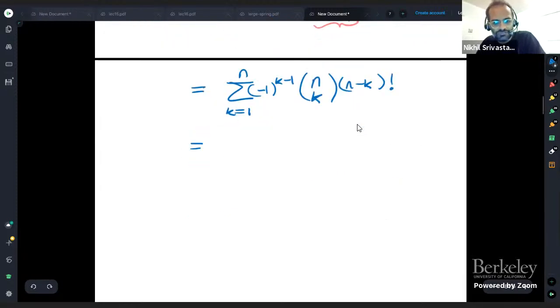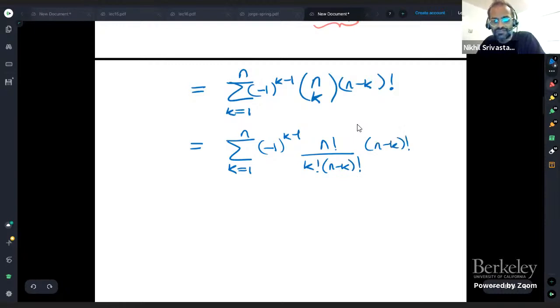Now I can plug in what n choose k is: n factorial over k factorial times (n-k) factorial, times (n-k) factorial. I get a nice cancellation here.